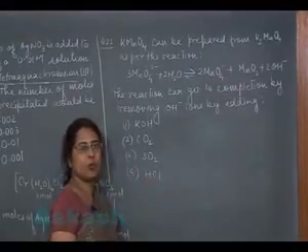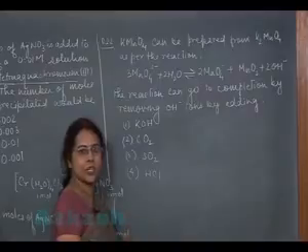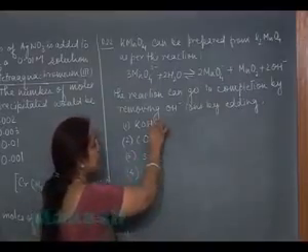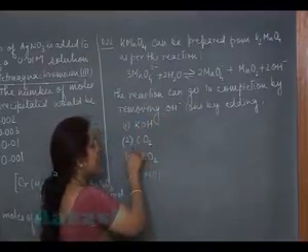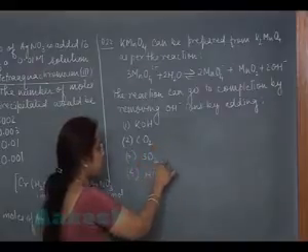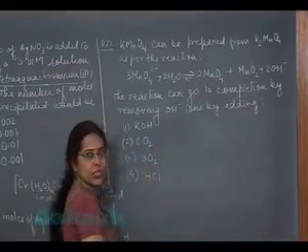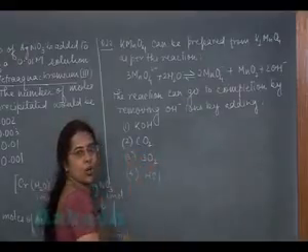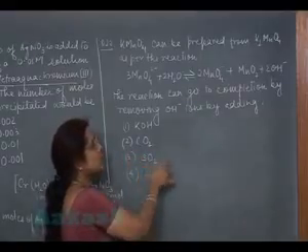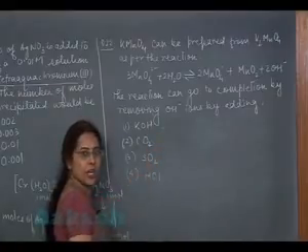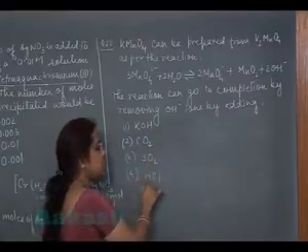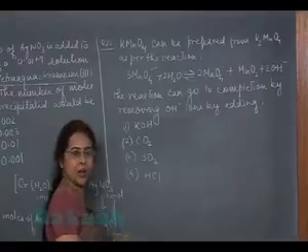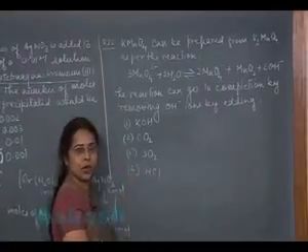It can be removed by addition of any acid. So see the option, KOH cannot be used. We can use CO2, we can use SO2, we can use HCl. But if in the reaction we use sulfur dioxide, then sulfur dioxide will be reduced by KMnO4. If we use HCl, HCl can be oxidized by KMnO4.